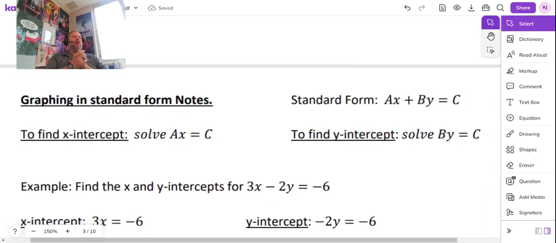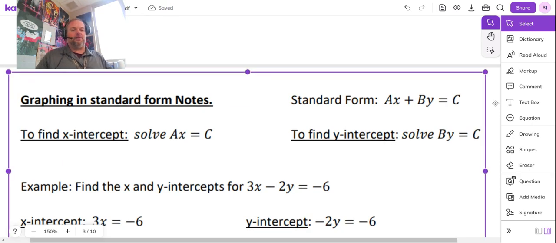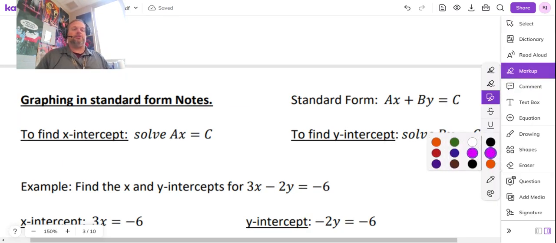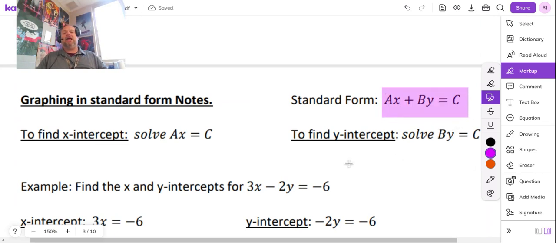Today we're going over standard form. I think we can all agree that I like doing stuff the easiest way. If I'm given something in standard form, and by the way, standard form, if you haven't looked at your paper yet, is this.